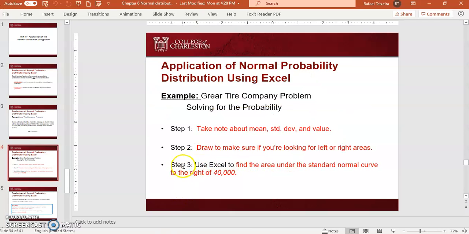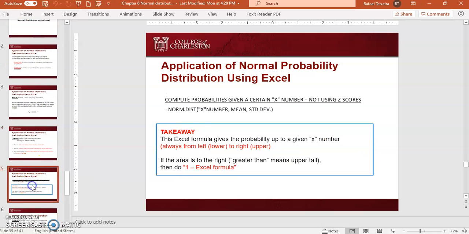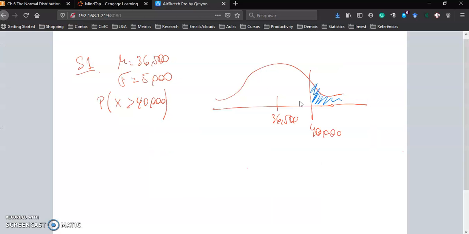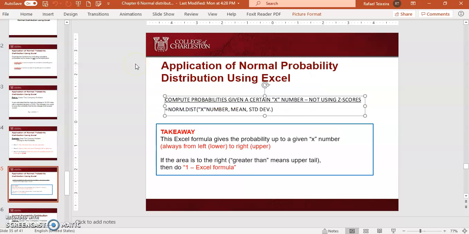Step number three: I did step 1, I did step 2, which is draw, and now I use Excel to find the area. Now let's see what Excel has for us. Excel has this function that computes the probability given a certain X number.